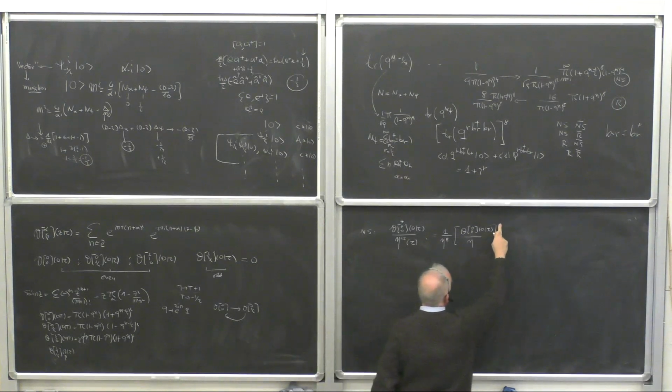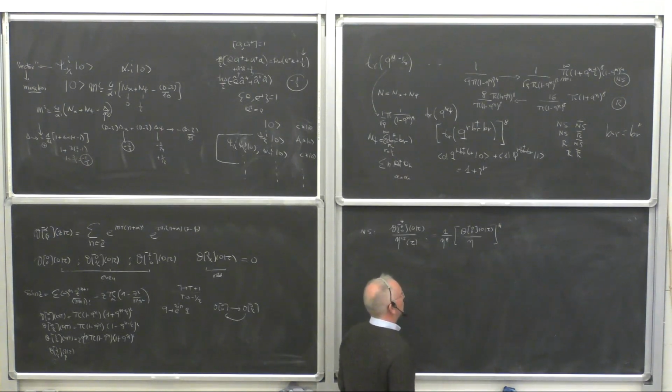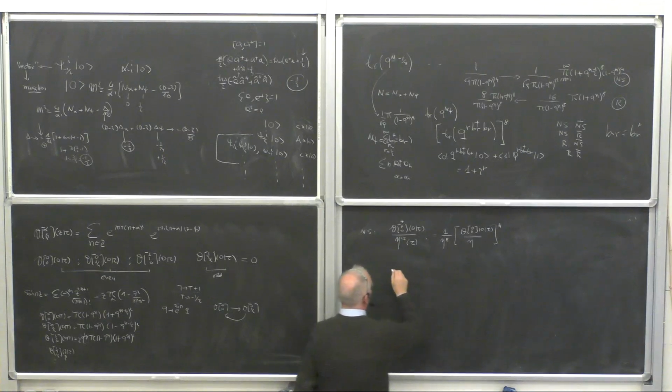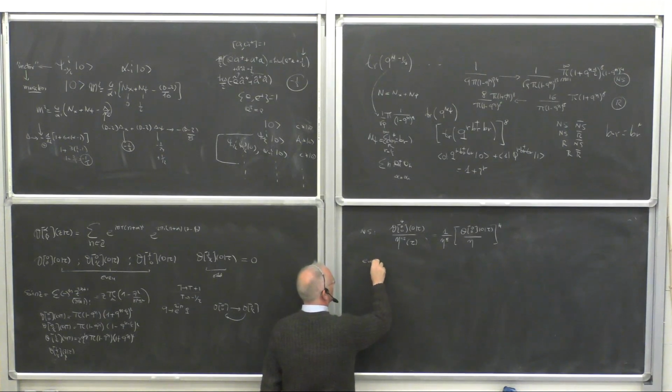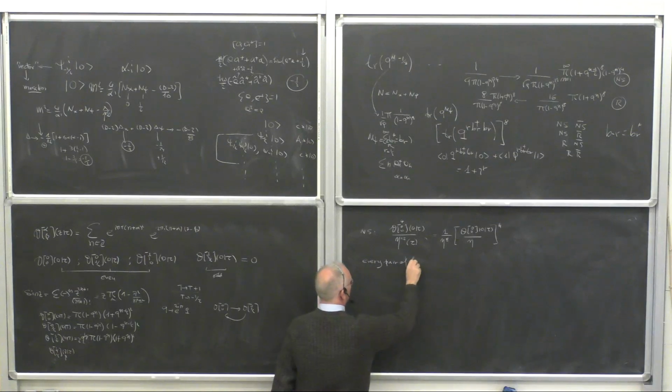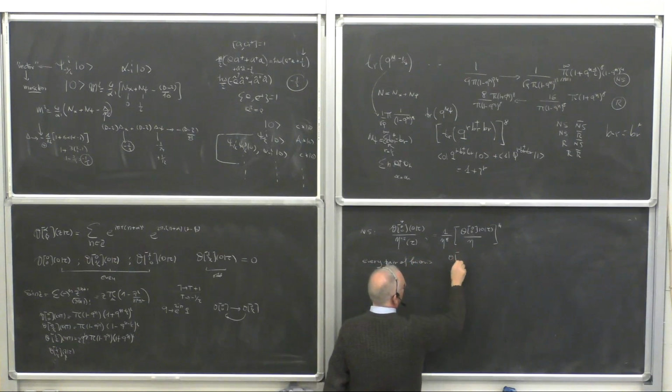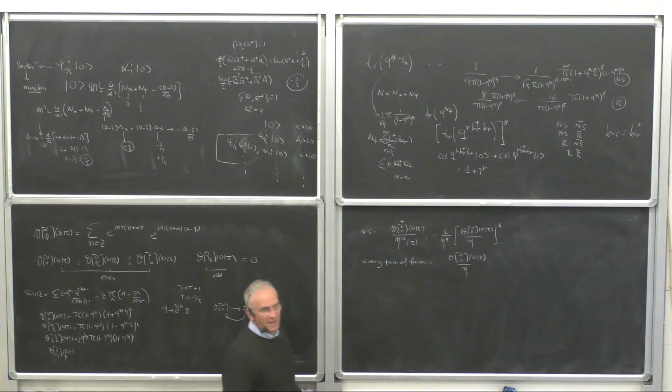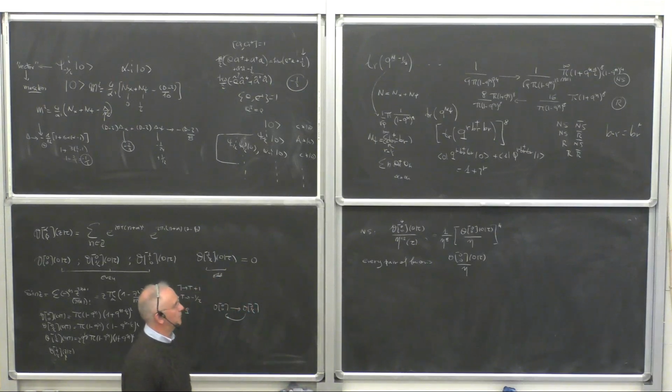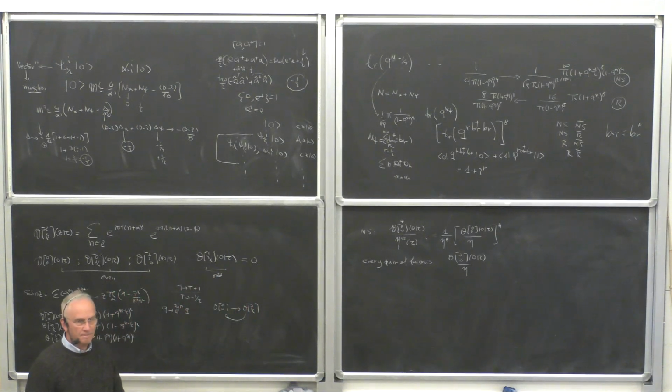Not 8, but 4. I made a mistake here. So this means that every pair of fermions contributes just by reading this formula. Since I have 4 pairs of fermions, 8 altogether, then I get that formula to the 4th. Okay?